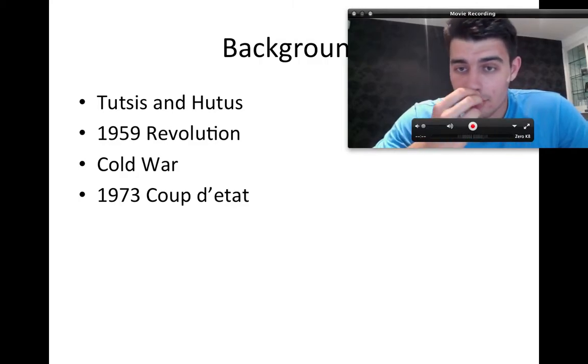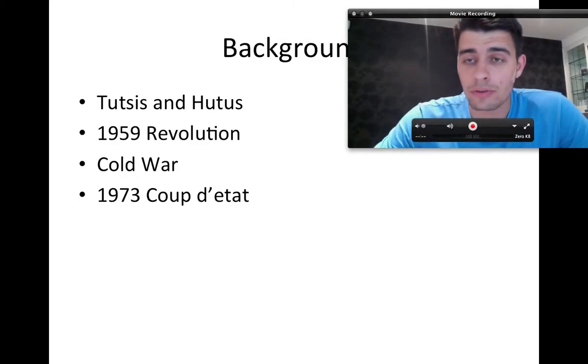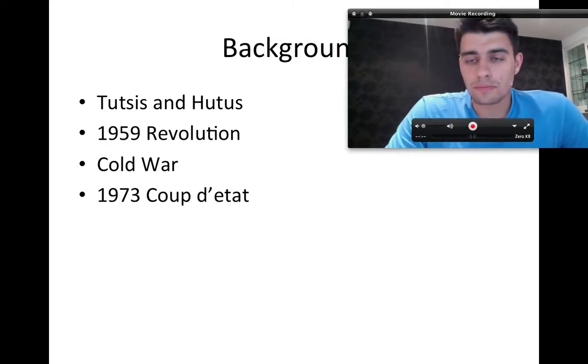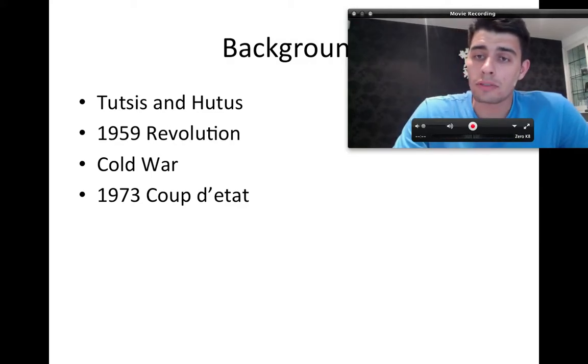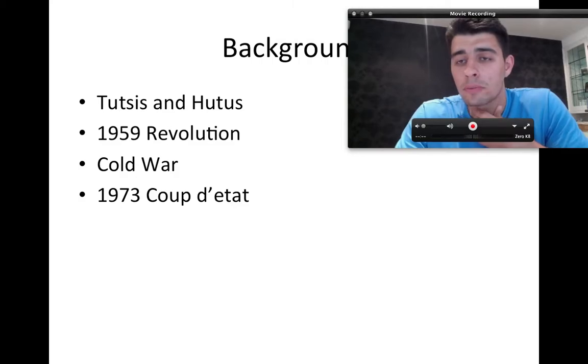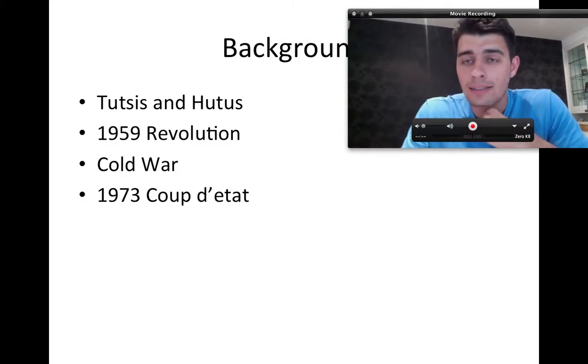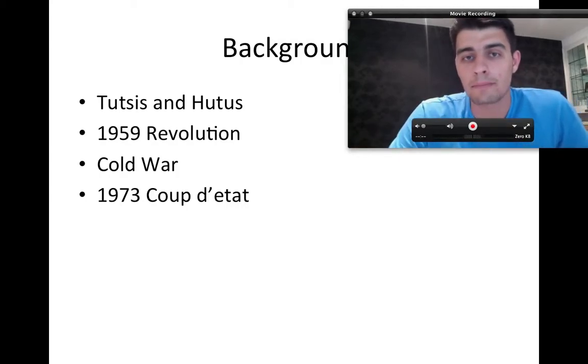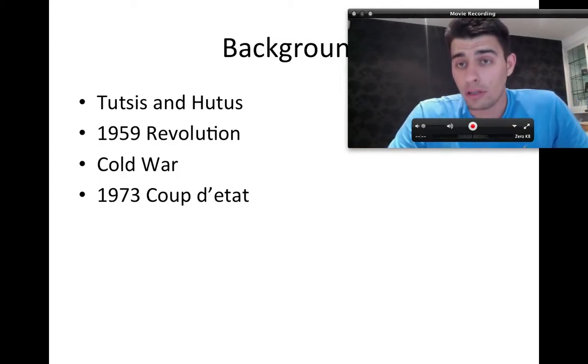And there were tensions that definitely existed between the two racial groups. For example, during the Cold War, the USSR, Soviet Union, funded and armed Tutsi militia to perform attacks from where they were stationed in Uganda, come over the border and attack Hutu populations. And then obviously there was a response to this by the West, particularly from France.